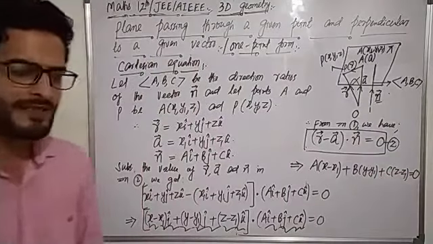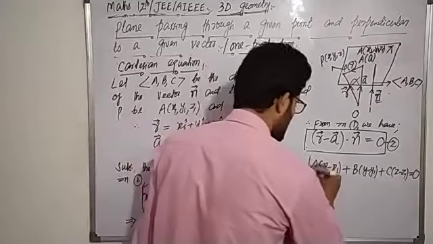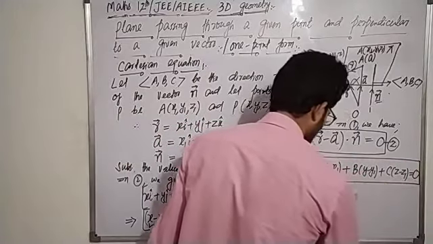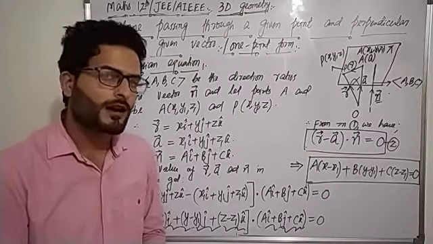So a into x minus x1 plus b into y minus y1 plus c into z minus z1 is equal to 0 must be the required equation of the plane in Cartesian form.